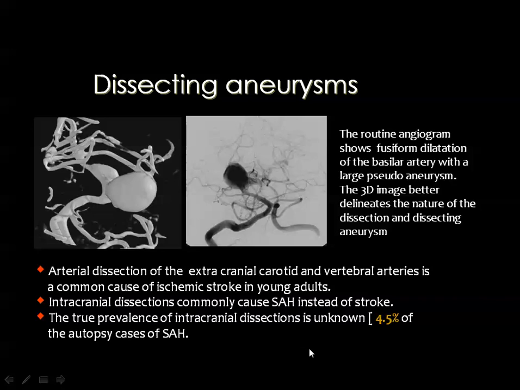If dissection occurs in the neck vessels, it will result in ischemic strokes, especially in young adults, while dissection intracranially will result in subarachnoid hemorrhage instead of a stroke. And this is the incidence of dissecting aneurysm in autopsy cases, which is about 4.5%.